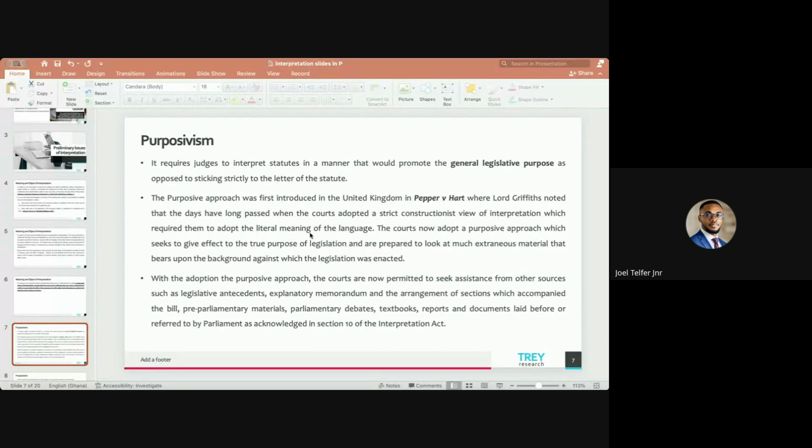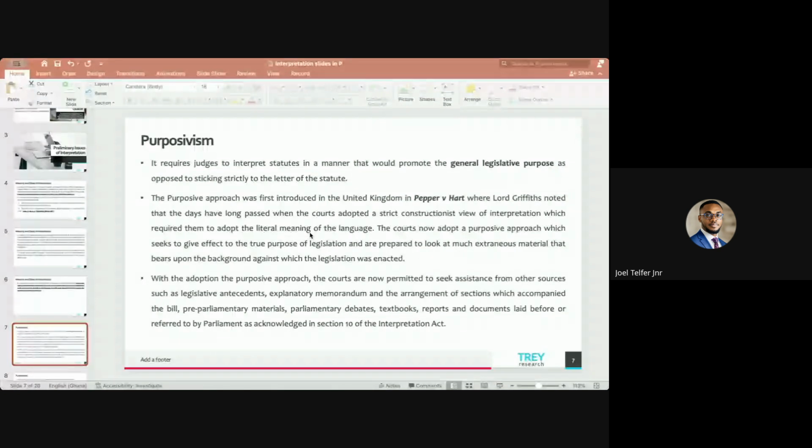Great. So purposivism is a concept that was introduced in the case of Pepper and Hart, where the court began to analyze the need to depart from a strict constructionist approach to interpretation. And the purposivists assert that in order to better effectuate the intentions of the legislature in making the law, it will be improper to stick to the letter of the statute.